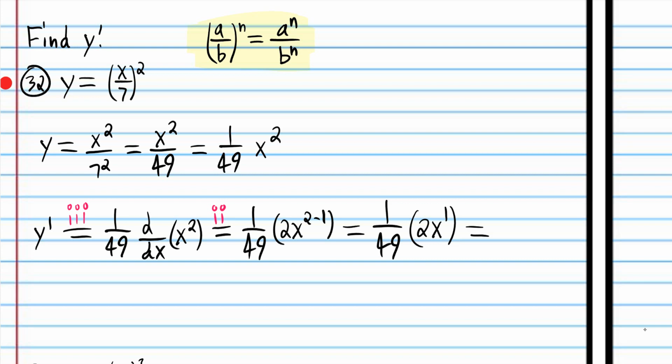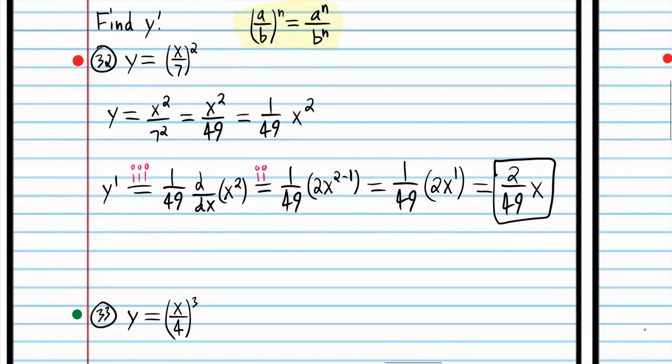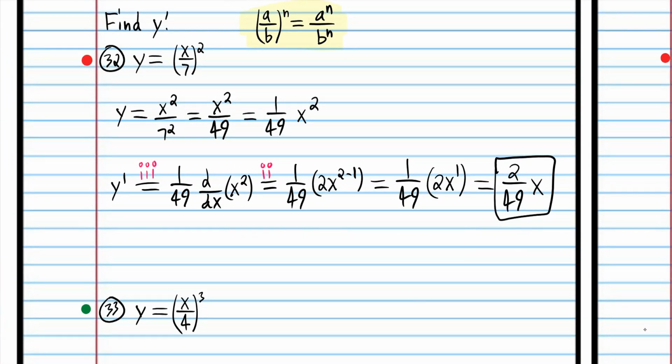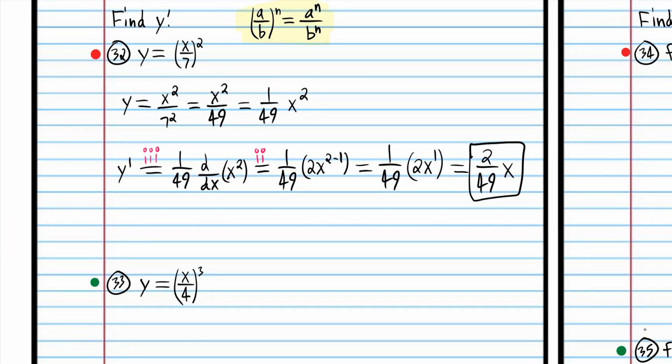And then multiplying, we get 2 over 49, and then x to the 1 power is just x. That's exponent rule number 6, if I remember correctly, from my intermediate algebra course. So I want you to try number 33, and when you come back, we'll do it together.